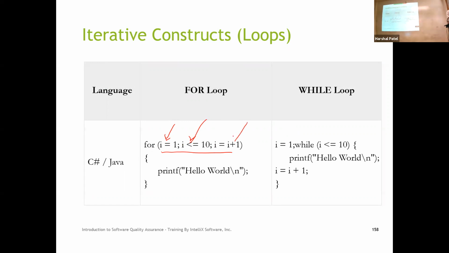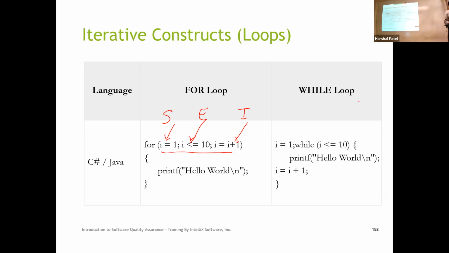And increment that counter by 1 every time. So this is my start, this is my end, and this is my incremented value. And it says, for that many times, keep doing this task. So this will print hello world 10 times.